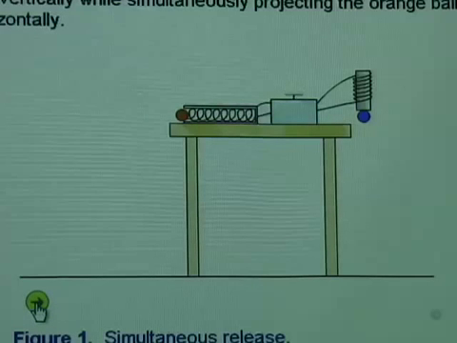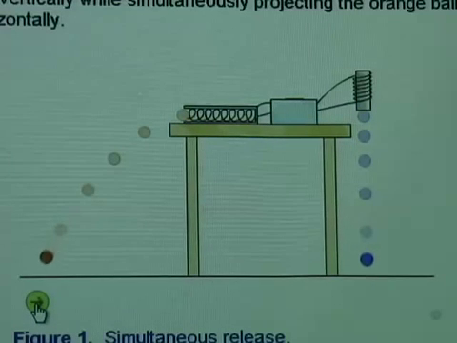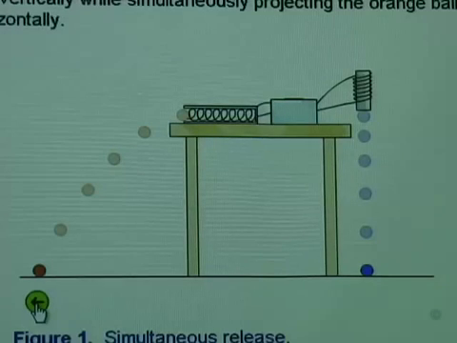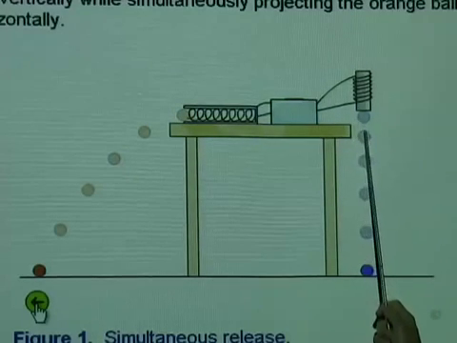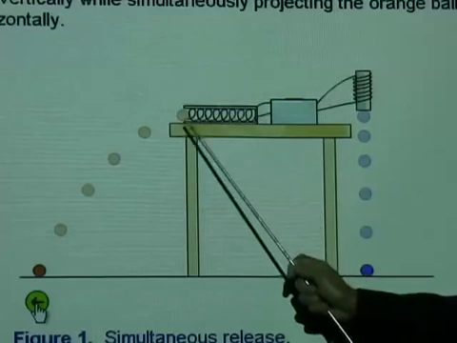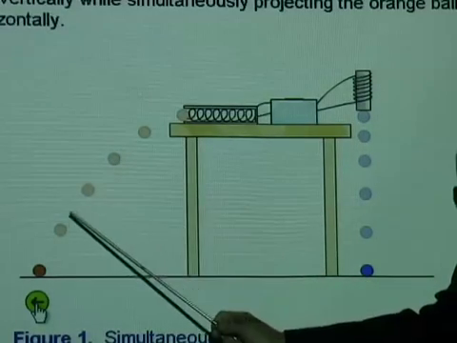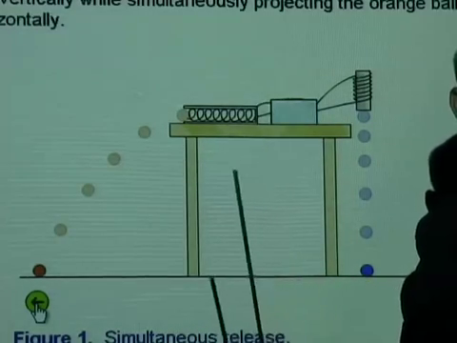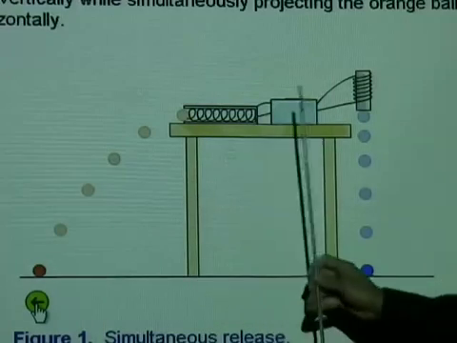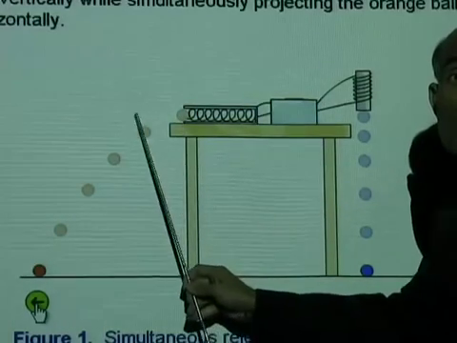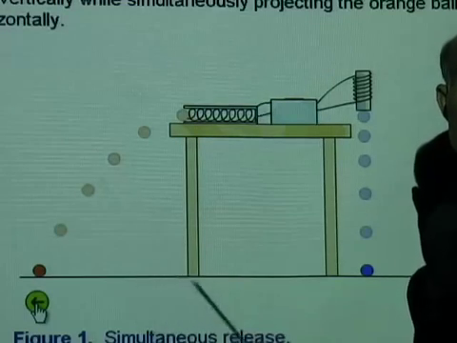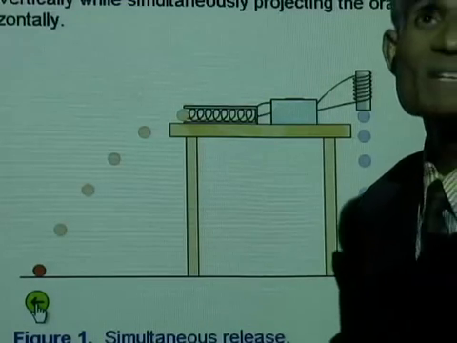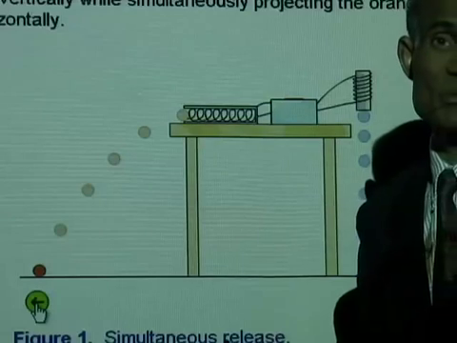Watch it one more time. So what you notice is that the vertical motion of the freely falling ball and the vertical motion of the projected ball are exactly the same, and that is the meaning that the vertical and horizontal motions of a projected ball are independent of each other.